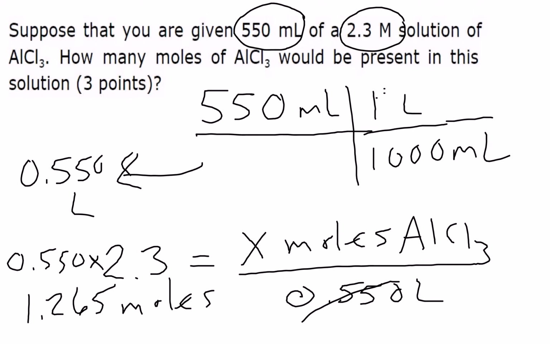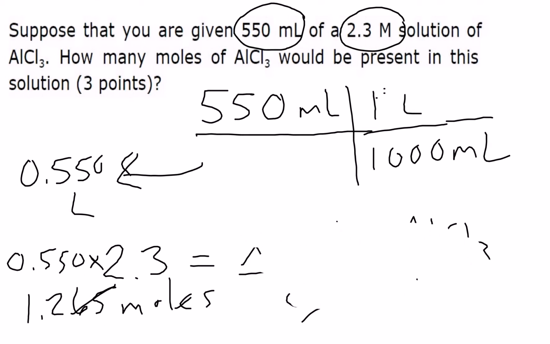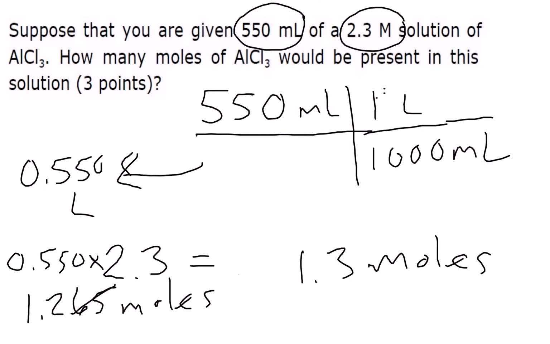And given that we had 2.3 and 0.550, if we were minding our sig figs, we would round this up, dropping this part, so we would end up saying that we have 1.3 moles of AlCl3.